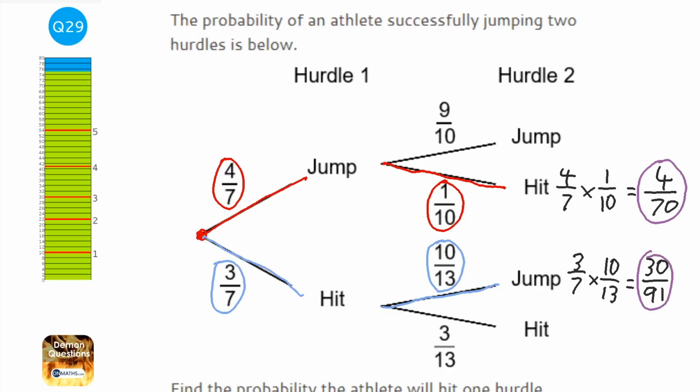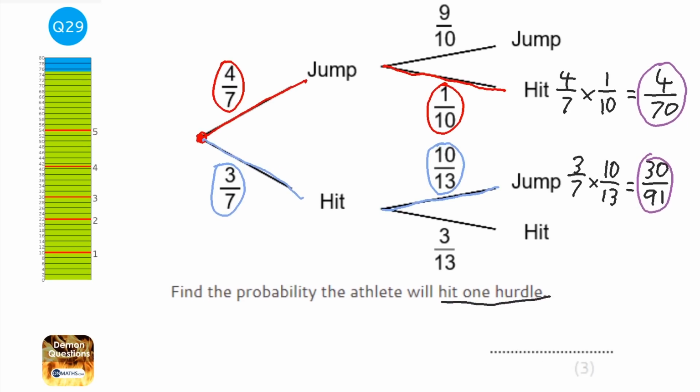Okay, now we're either going to end up here where he's hit the second one, or here where he's hit the first one. The word or in probability means add. So he's either going to hit the second one, or, which in probability is add, hit the first one. So on the calculator, because this is a calculator question, it'd be 4/70 plus 30/91.